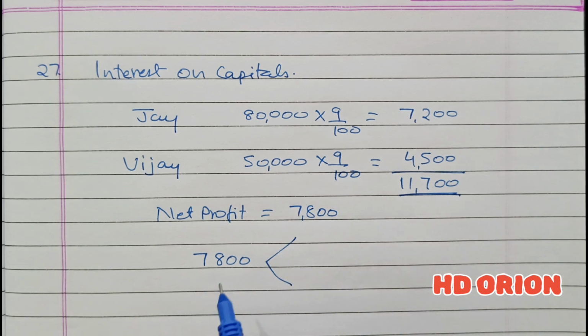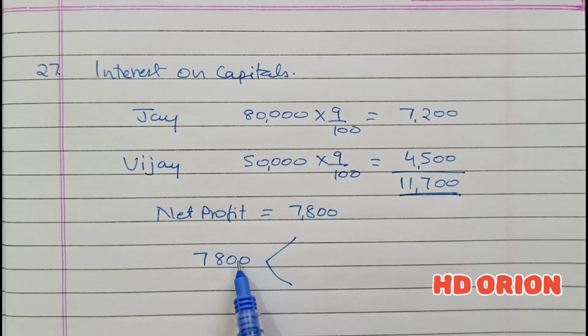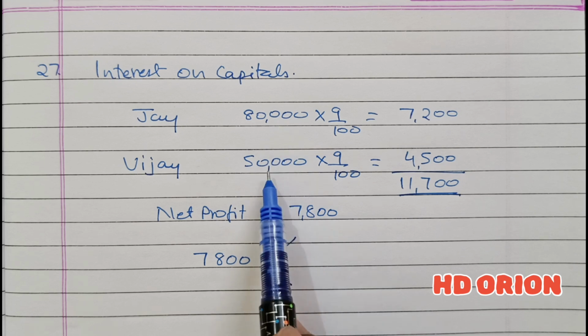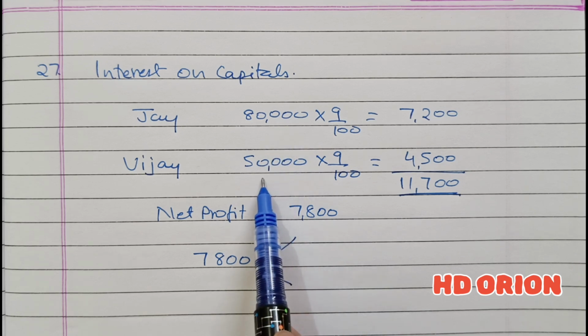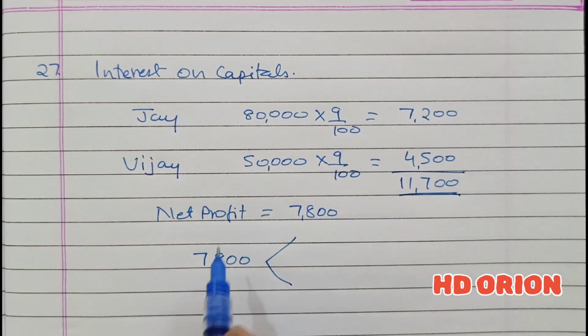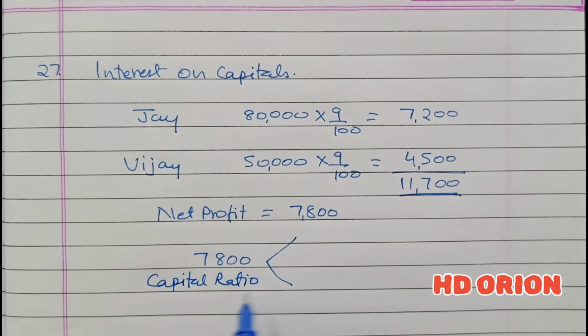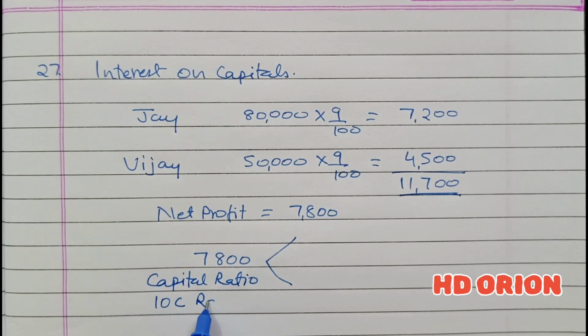The basis of distribution of this net profit entirely as interest on capital to partners should be based on their capital investments. So what should be the ratio? Capital ratio. Or you can also say interest on capital ratio. Both will be same. Either you distribute it in capital ratio or interest on capital ratio, both will be same.